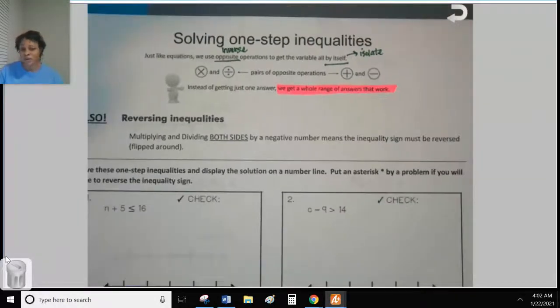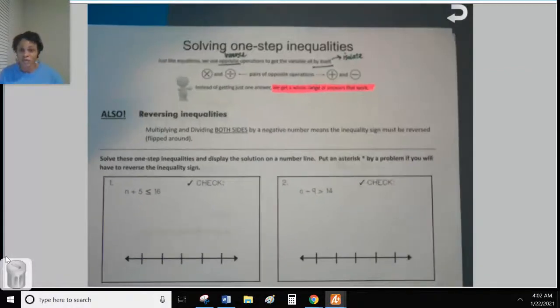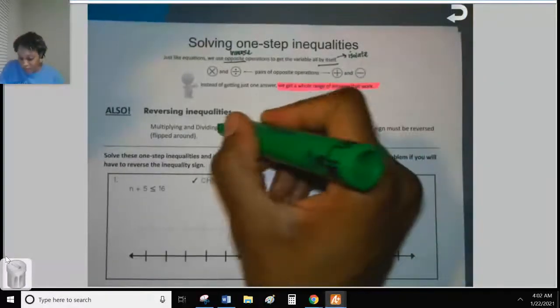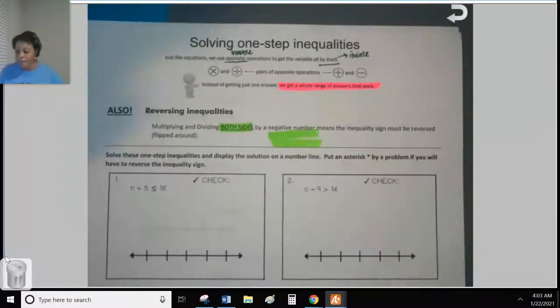For an inequality, there are some things that are important to know. Reversing inequalities. There's going to be a time when we have to reverse inequalities. Anytime you multiply or divide both sides by a negative number, that means the inequality symbol must be reversed. It must be flipped around.